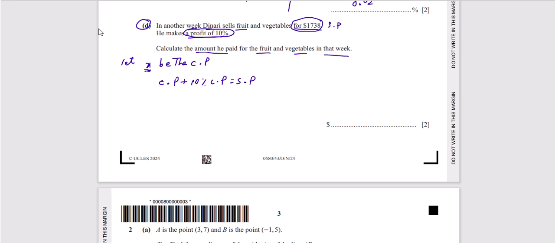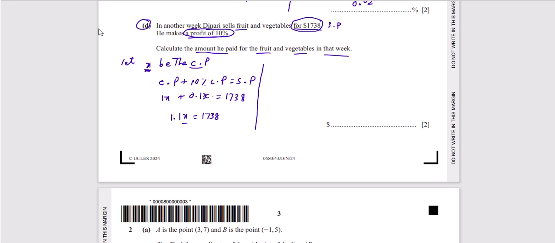Suppose that X is equal to CP. 10% should be written as 0.1, and CP is X, is equal to SP. SP means selling price is 1738. This is 1x plus 0.1x, that is equal to 1.1x is equal to 1738.